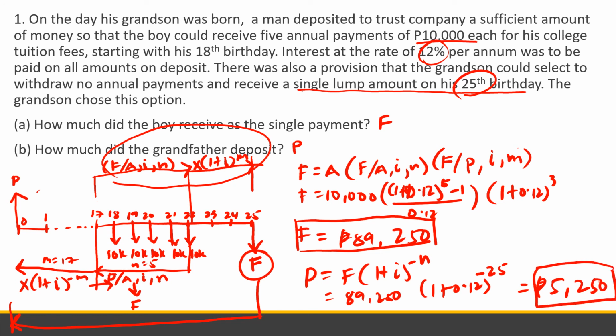So the 5,250 became 89,250 after 25 years. So that is how you compute interest involving deferred annuity, or where there are years of spacing, or years of gap.